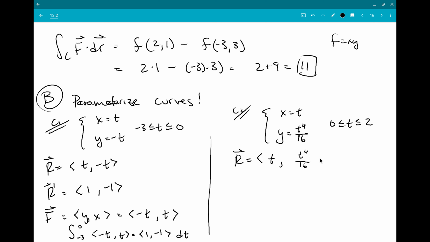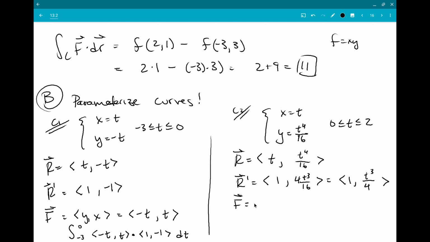Maybe we leave room for a z component if we have to. And then we just compute the derivative. So I say r prime is <1, 4t cubed over 16>. So that ends up being <1, t cubed over 4>. I just canceled out the 4 and the 16.